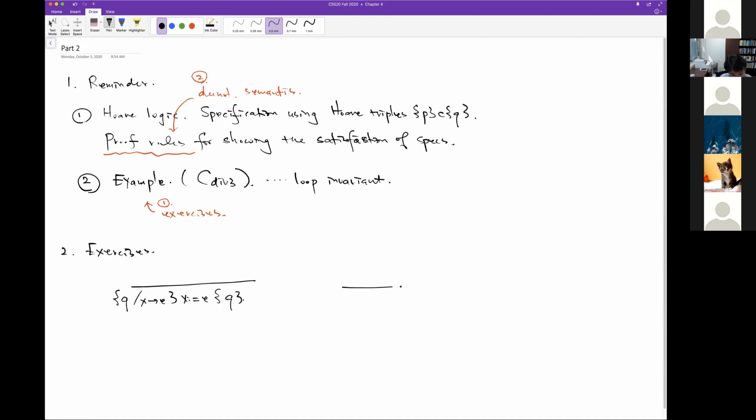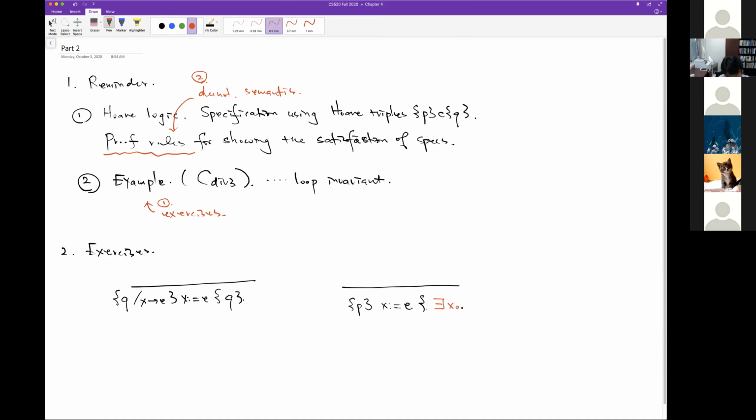Then there's also a forward rule. If you're given P, and then the forward rule says, if you have an assignment like this, then it tells us what should go into the output. The postcondition, the forward rule says, should look like this. It says that we should introduce some existential quantification.